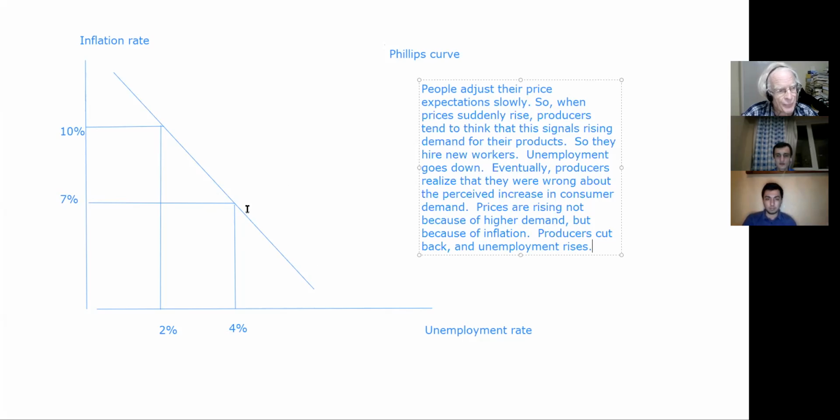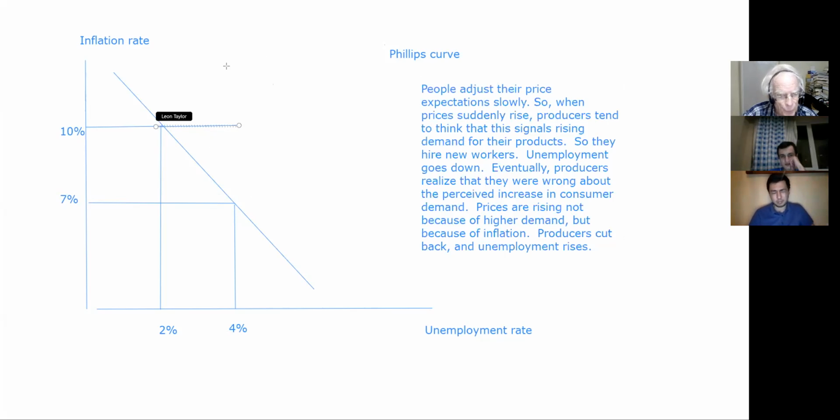So maybe for a while, maybe for a year, we do observe a fall in unemployment, but then producers are cutting back because they realize that it is inflation that has increased and not consumer demand. So now we are moving in this direction.